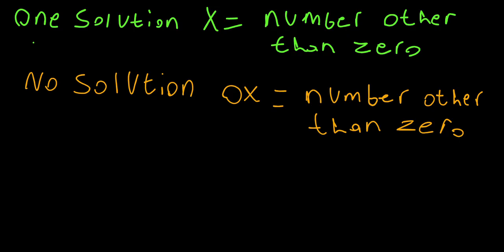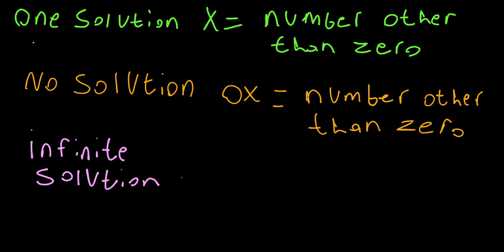All right, let's look at one final special case. We have 0x equals 0. Let's put infinite solutions. That's our final special case. Infinite solutions.